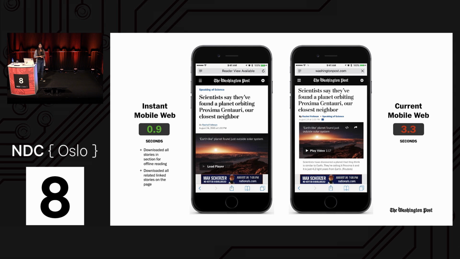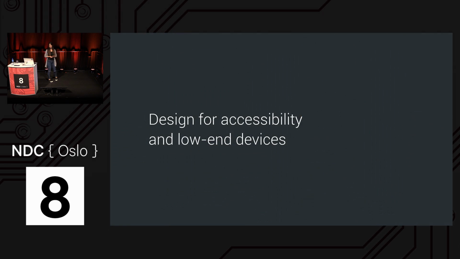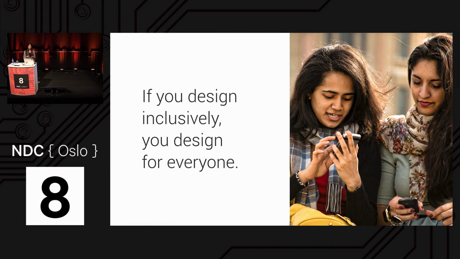So another thing to consider is to design for accessibility and low-end devices. This might be a challenge, and we might skip that usually. But remember that 49 million people suffer from accessibility and disability problems like mobility, hearing, and eyesight. And since we're doing a PWA that works everywhere, why not make it work with everyone? So it might be a challenge, but if you design inclusively, you design for everyone.